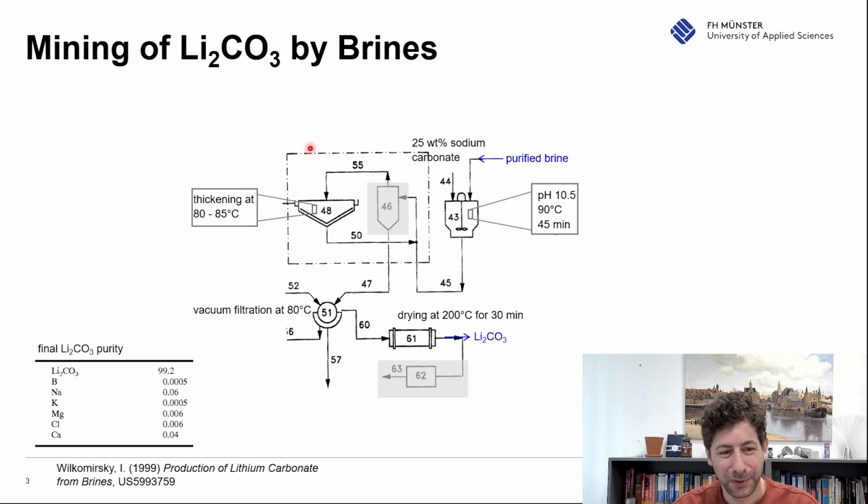First we have to purify the brines, and then we get this purified brine, and then we have the precipitation of lithium carbonate under given conditions, and then it goes into different separation devices. One separation device of interest is this thickening tank, and in the thickening tank the precipitated particles settle down to enrich the amount of particles in the liquid and then go into the cyclone and the filter.